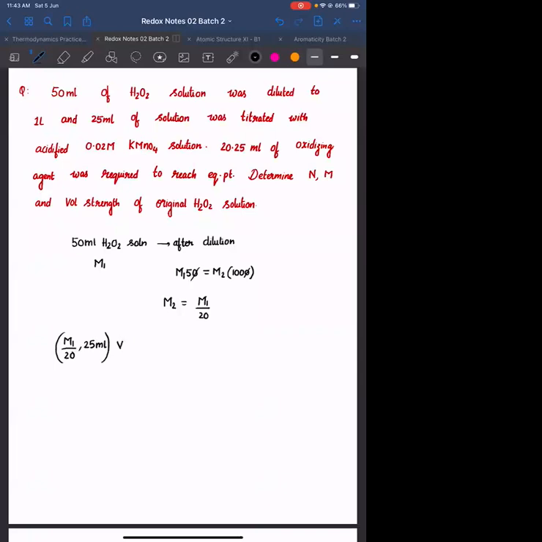I am titrating it with 0.02 molar, 20.25 ml KMnO4, and this is H2O2.